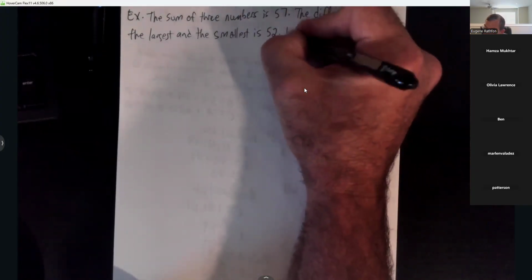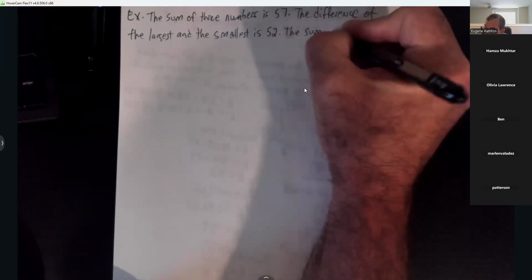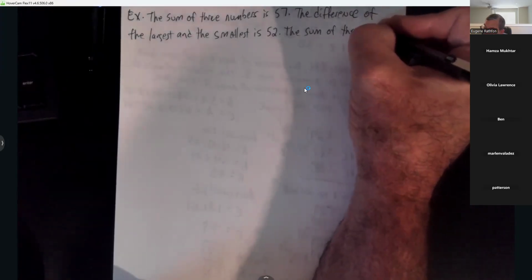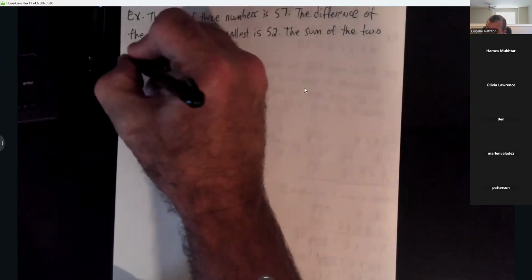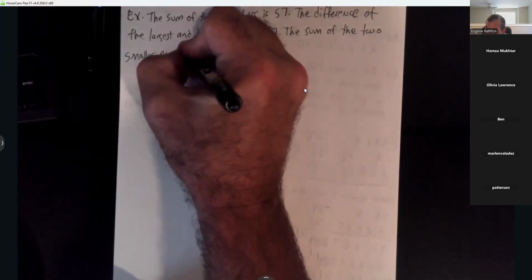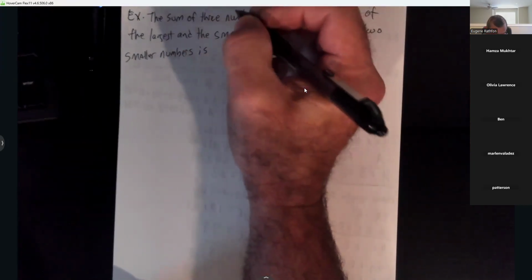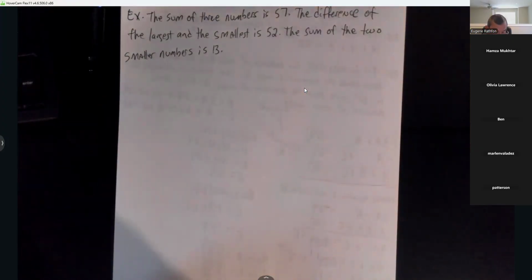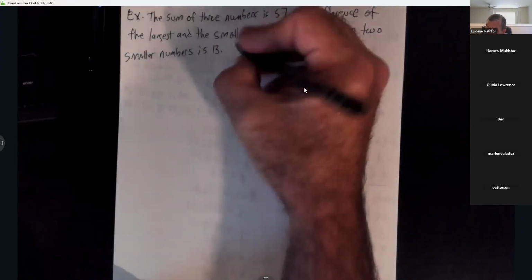Then it says the sum of the two smaller numbers is 13. Find the numbers.